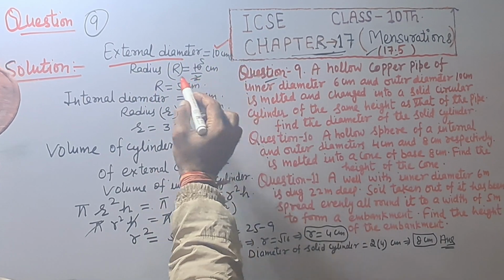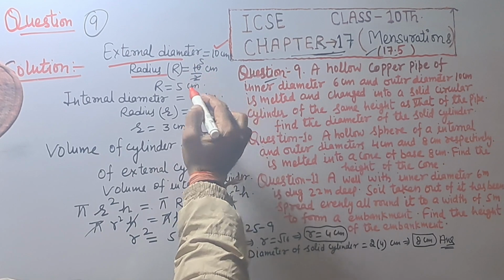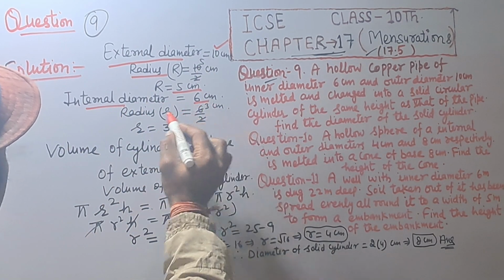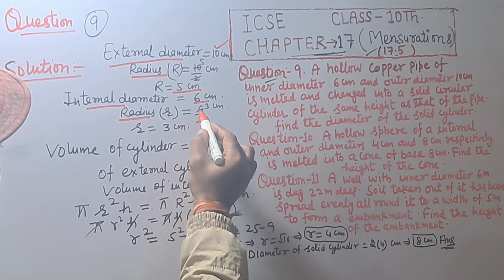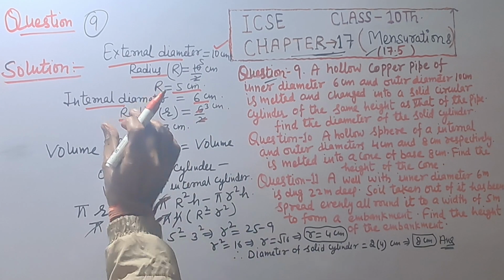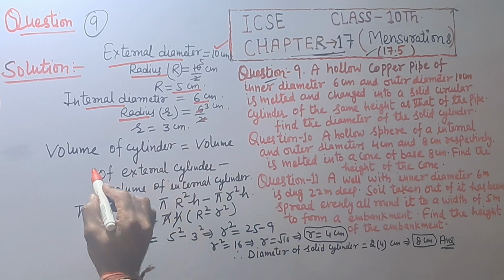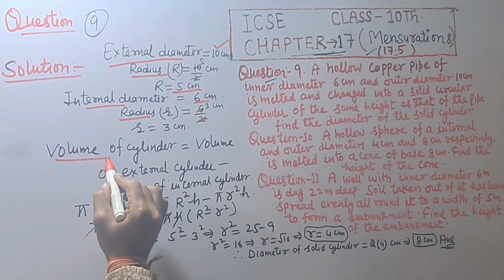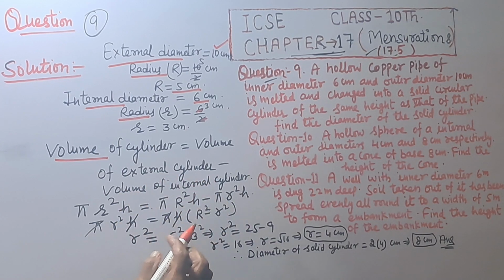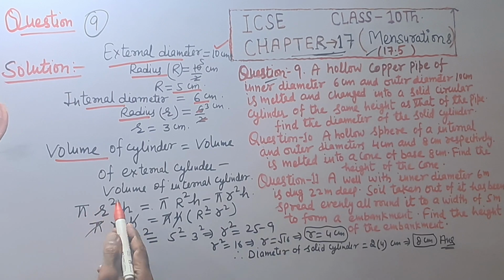External diameter is 10 centimeter and its radius, that is capital R, equal to 10/2, 5 centimeter, and internal diameter is equal to 6 centimeter and its radius, that is equal to 6/2, is 3 centimeter. So internal radius 3 centimeter. Let volume of cylinder be equal to volume of external cylinder minus volume of internal cylinder, that is volume of hollow cylinder also, pi r square h.